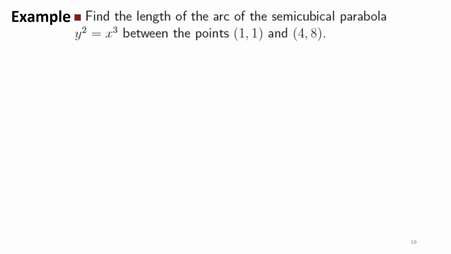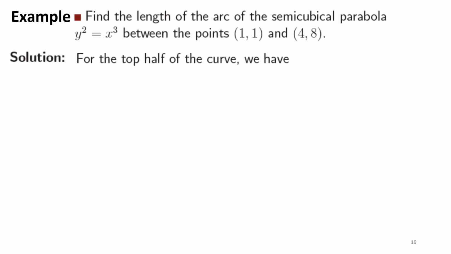So find the length of the arc of the semi-cubical parabola y squared equals x cubed between the points (1, 1) and (4, 8). We can simply make use of our formula. So for the top half of the curve, we have y squared equals x cubed.